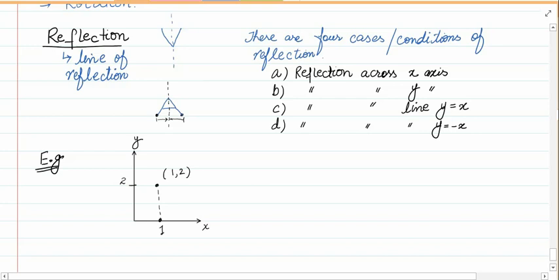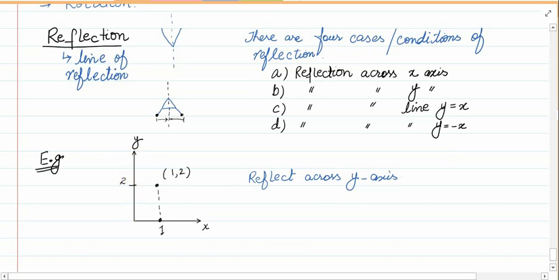If I need to reflect the point across y-axis, now case is what? Reflect across y-axis. That means the y-axis will act as the line of symmetry.